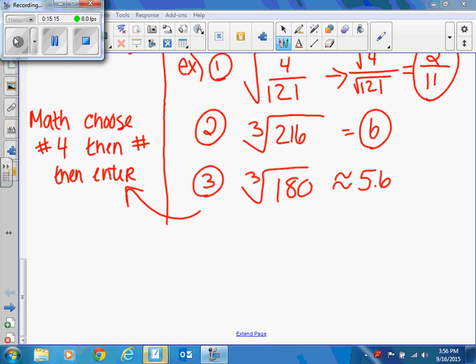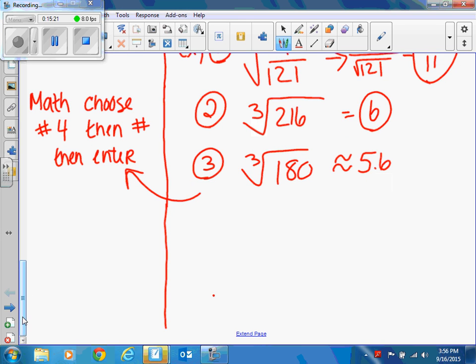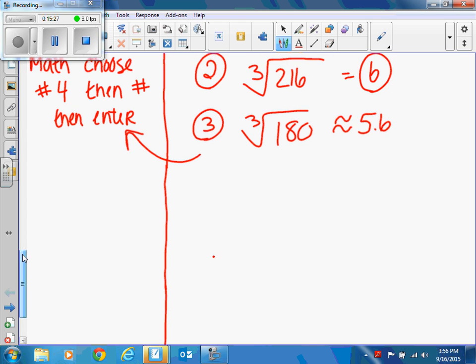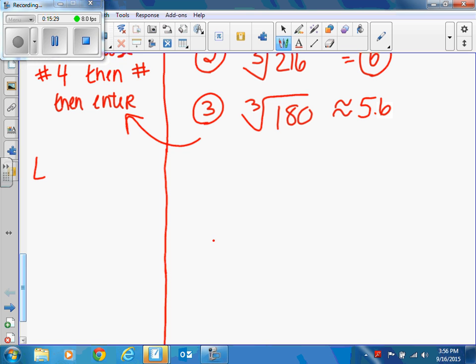All right, so the next and final thing that we're going to need to be able to do is to estimate to the nearest whole number.